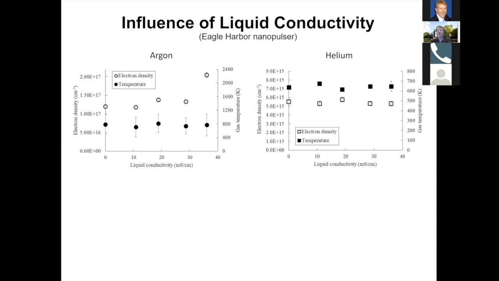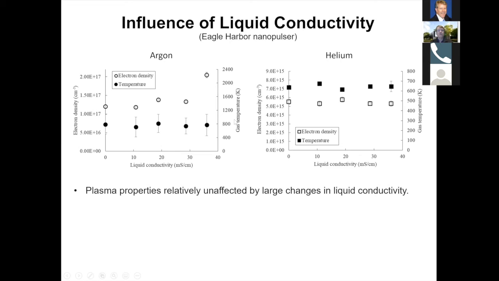And so the first result I just want to emphasize here is the conductivity effect. I know from a practical point of view, salt solutions can be very important, particularly in leachate from groundwater and such. This plot shows the electron density, which is a measure of our plasma's ability to react, as a function of liquid conductivity.